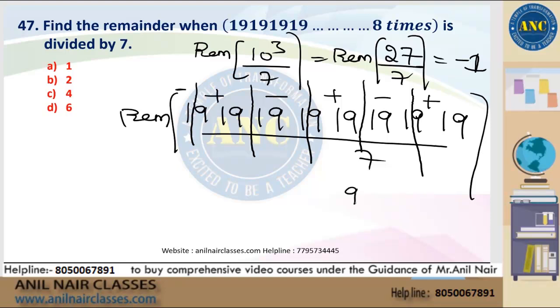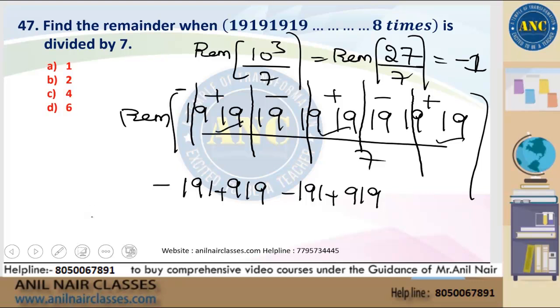What is this? This is 919. This is minus 191. Again 919. Again minus 191. Here it is 999. How many times? 1 time, twice, thrice.